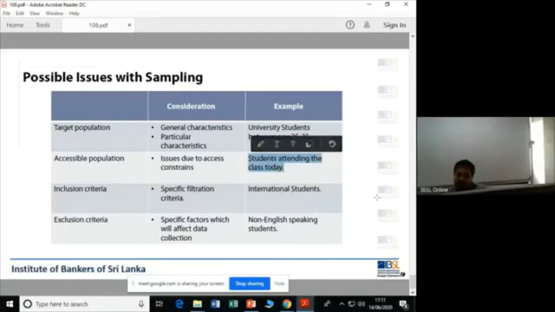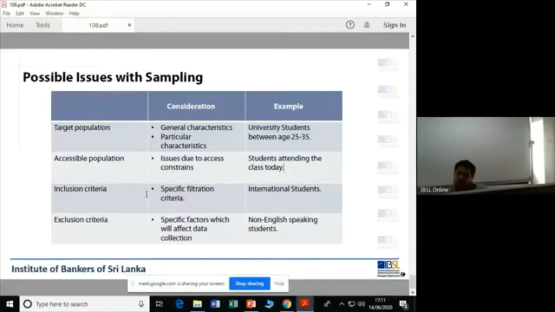Today you are going to do this study. So you might see students between, let's say, 18 to 40 or 45. Let's say this is a university which is conducting both bachelor's and master's classes. So the consideration that I'm trying to focus here is that you may come across some issues due to accessibility constraints.